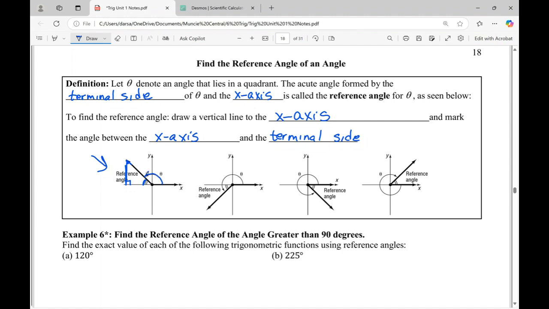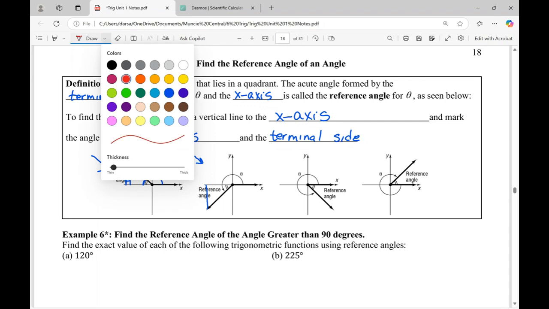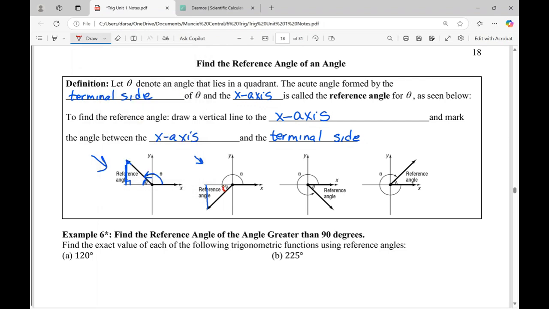this big angle theta. In this third quadrant, if we draw a vertical line to the x-axis, this is the full angle, but the reference angle is this teeny tiny little bit right here.